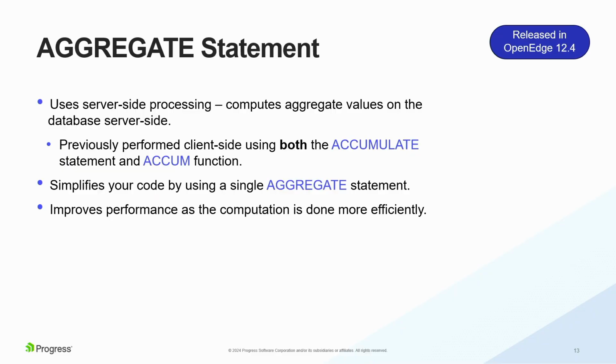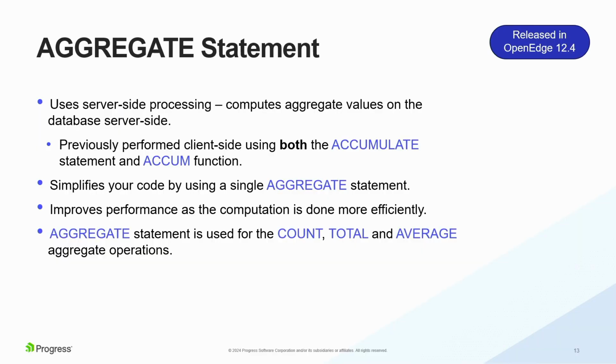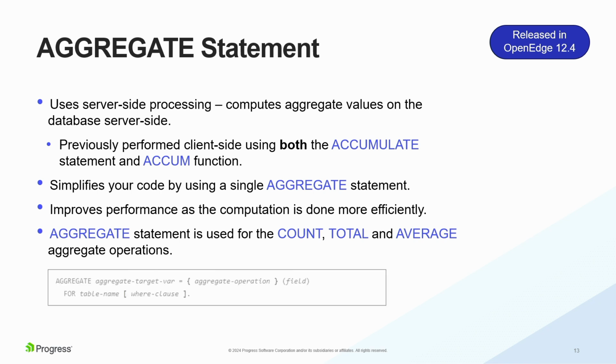Because the computation is done on the database side, now the computation is faster, it's more efficient. So you get a performance increase by the aggregate operation being performed on the database side versus the client side. Most of you know, with the aggregate statement, you could only use it to perform the count, total, and average aggregate operations in ABL.